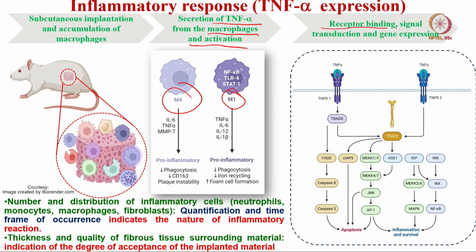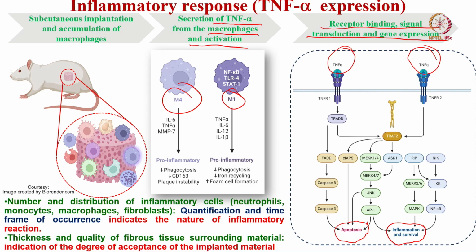Then receptor binding and signal transduction gene expression essentially shows how TNF alpha can activate downstream signaling processes, and in some cases, if certain proteins are activated, it can go to inflammation and survival, or can essentially trigger the process of apoptosis, right. So, apoptosis is programmed cell death.